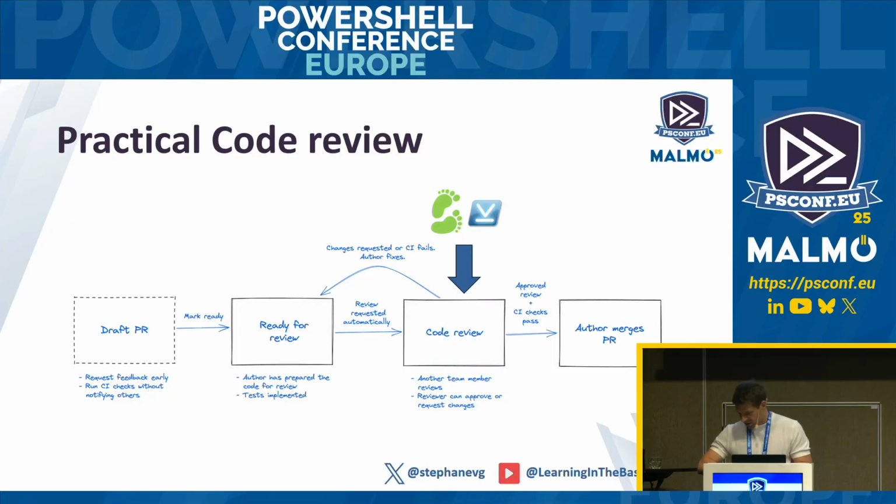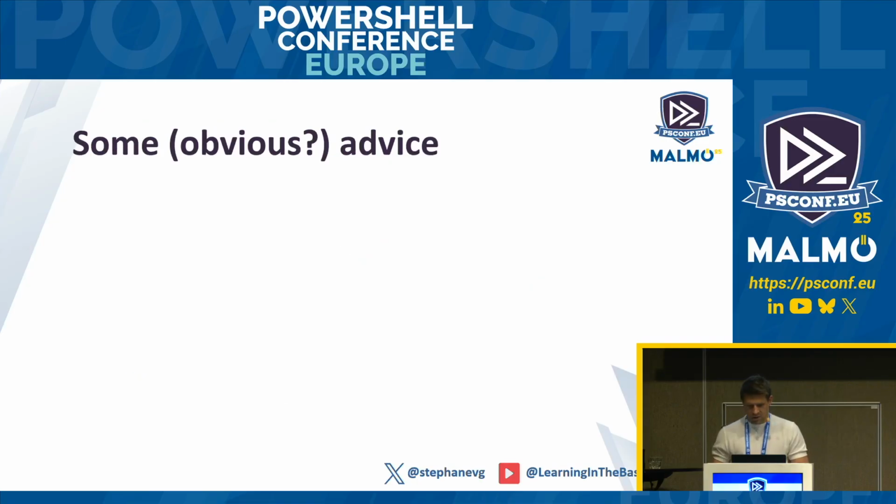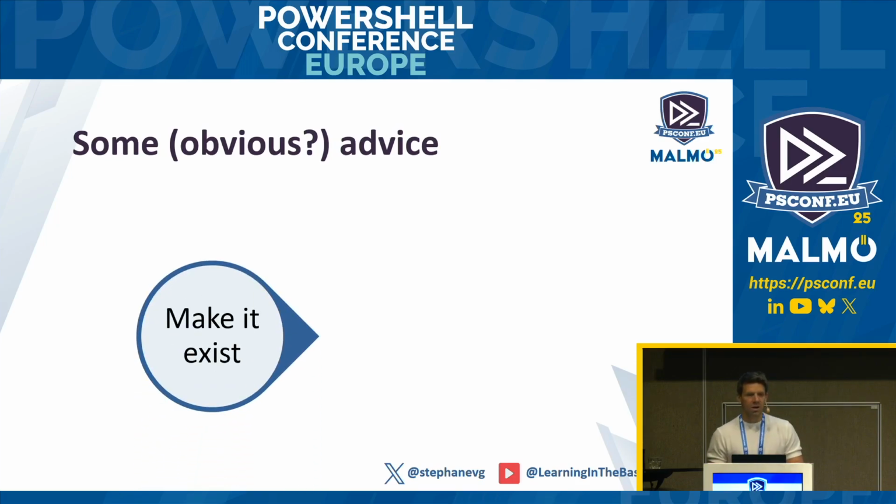I'm going to go a little bit quicker because we don't have much more time. Maybe still some obvious advice, but maybe not. When you write code, the first thing you should do is make it exist. Just make the solution work from A to Z. Although it's horrible code, make it work, right? Then save it. At least if something happens to you, or if somebody else needs to pick it up, you can delegate it.